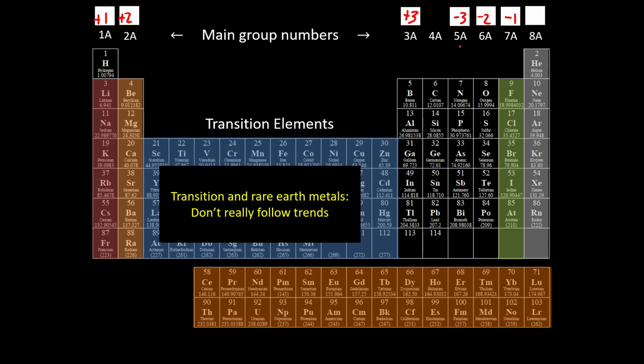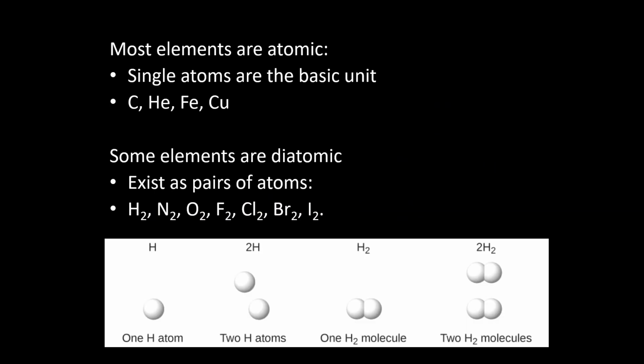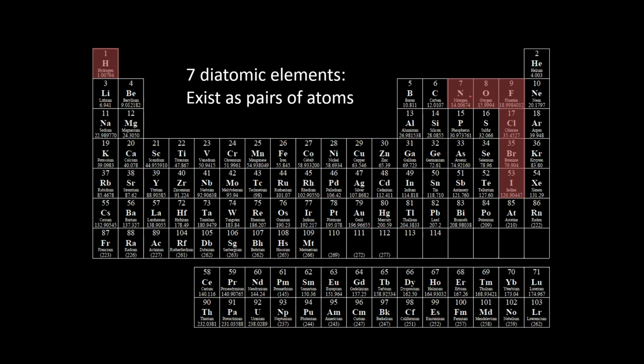You should be able to work out the charge on ions just from where it is on the periodic table. And I also expect you to know the 7 diatomic elements. You should have those memorized. And it's fairly easy to remember where those are if you have a periodic table, because they make a nice little 7 right here, and then you have hydrogen up there.